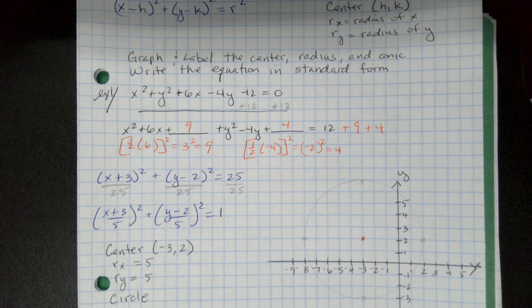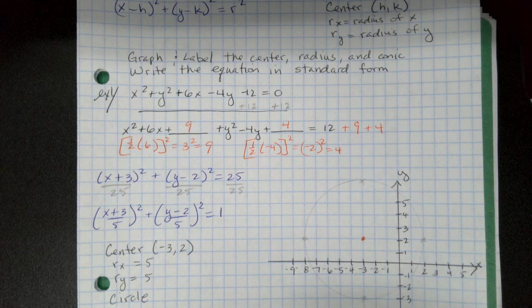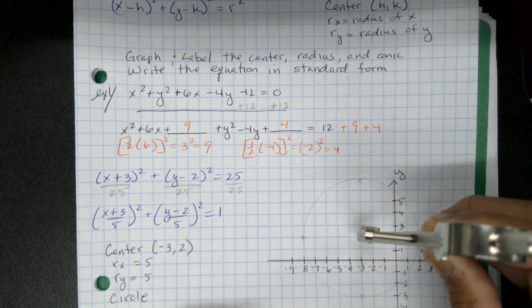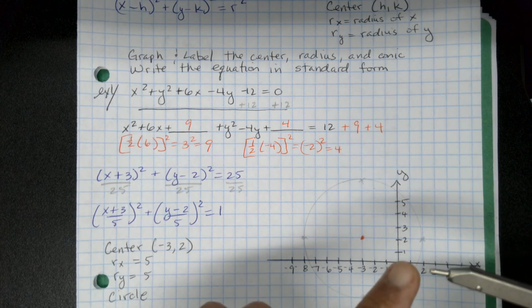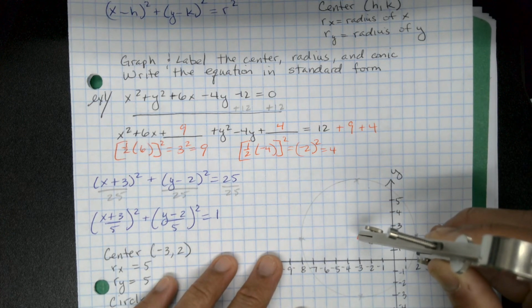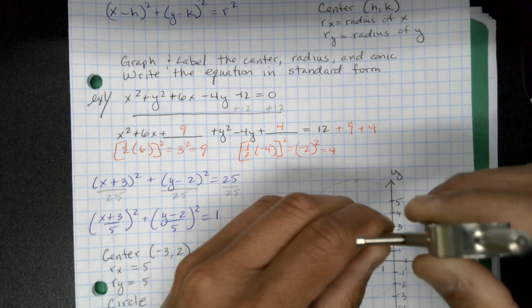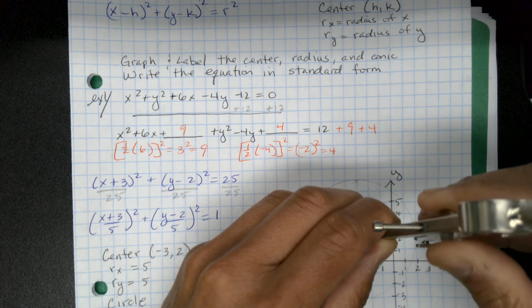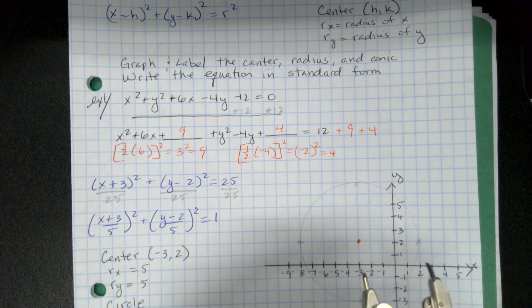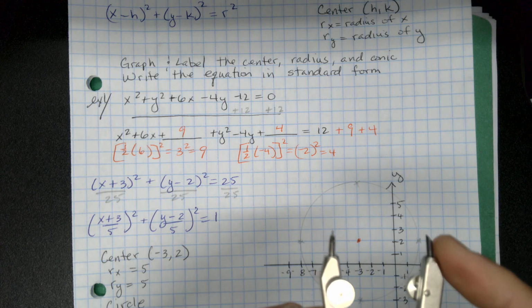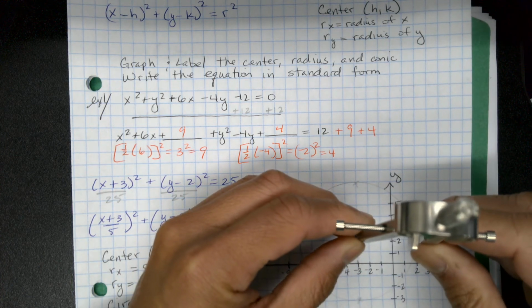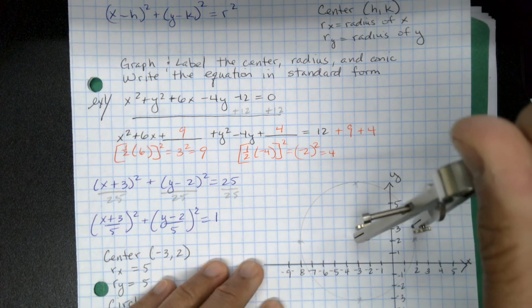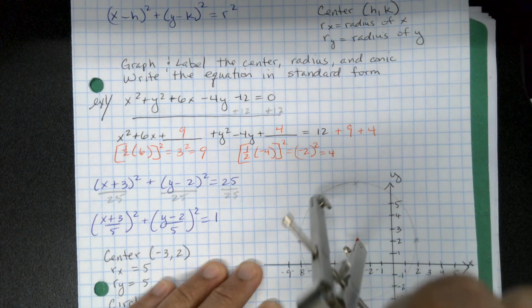Now, if you don't have a compass, it's okay, but the compass will make it more accurate. So you put the sharp point of the compass in the center. You open up your compass. So now there's a pencil mark. You're just going to open it up as far as the radius, and you're going to draw your circle.